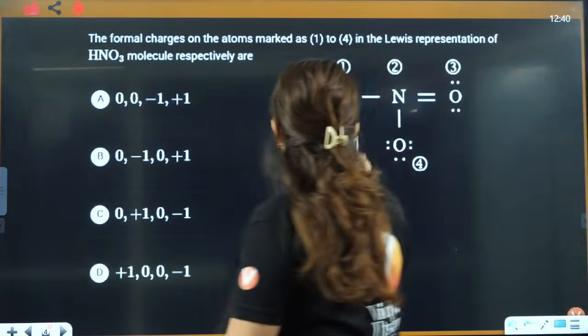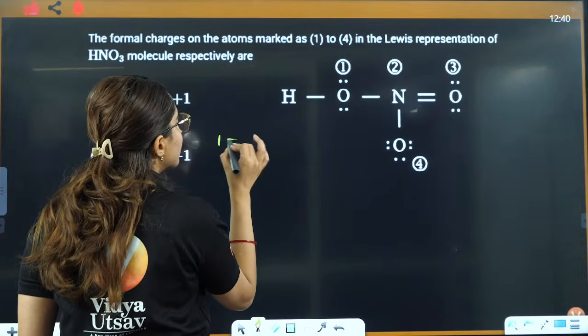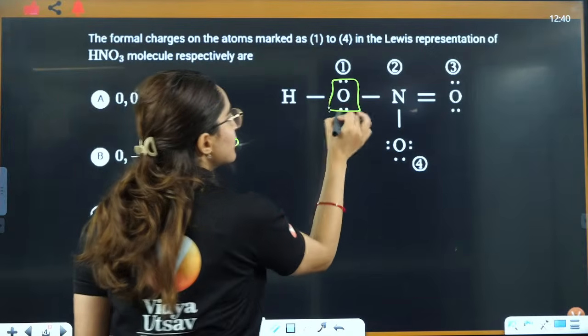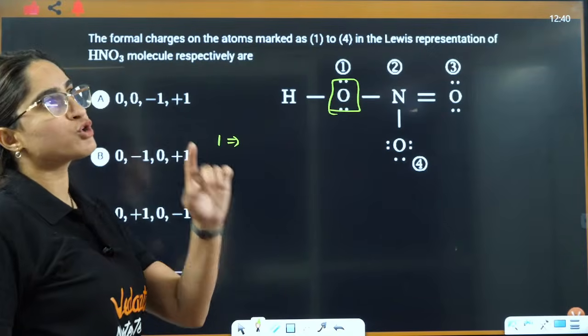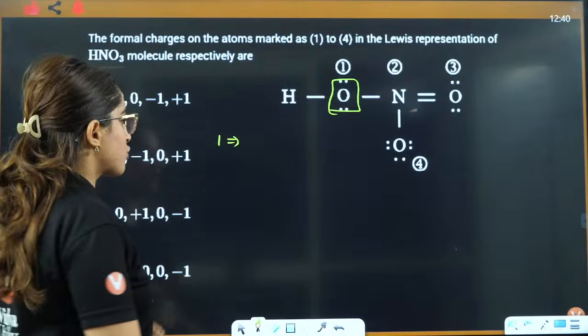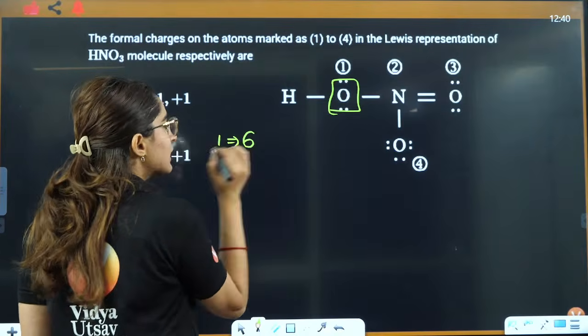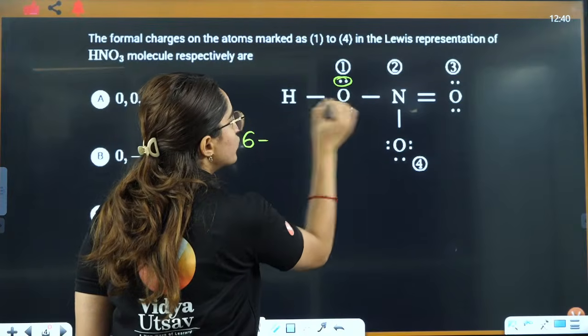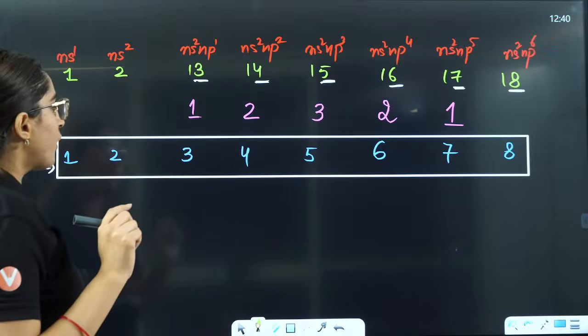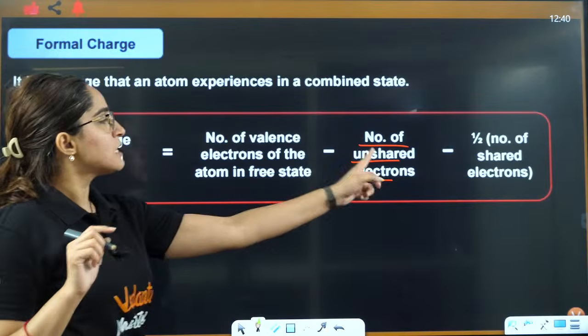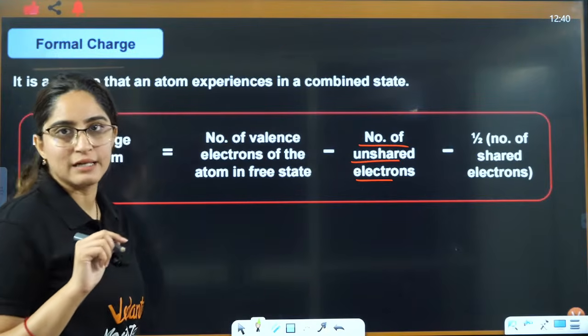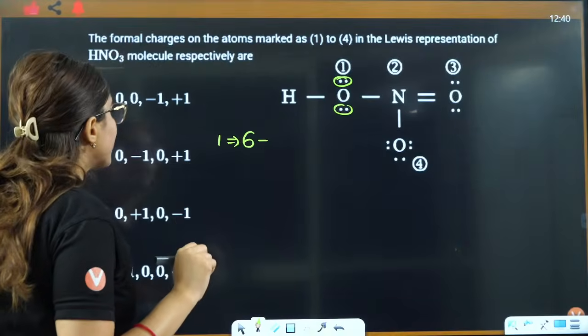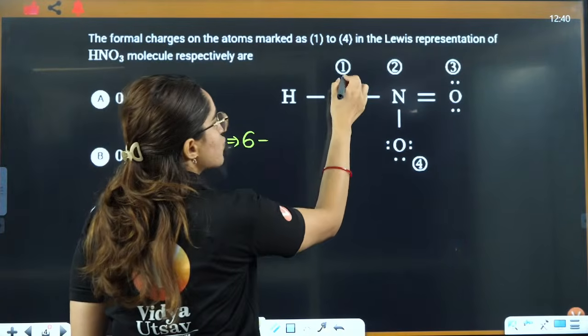If I talk about the first one here, this is oxygen, right? Oxygen belongs to group number 16, so 6 valence electrons, right? So I'll say minus lone pairs. How many lone pairs? 1 and 2, right? And they are asking about lone pairs only. If you see the number of unshared electrons here, it is 1, 2, 3, 4.